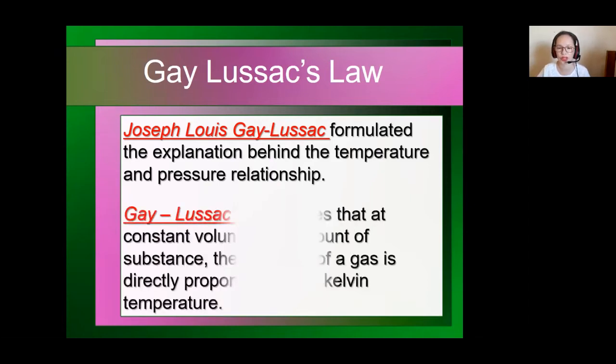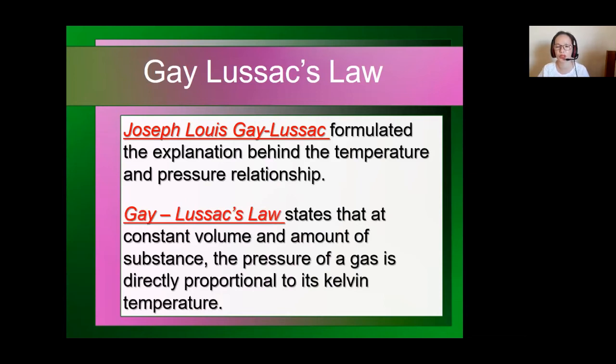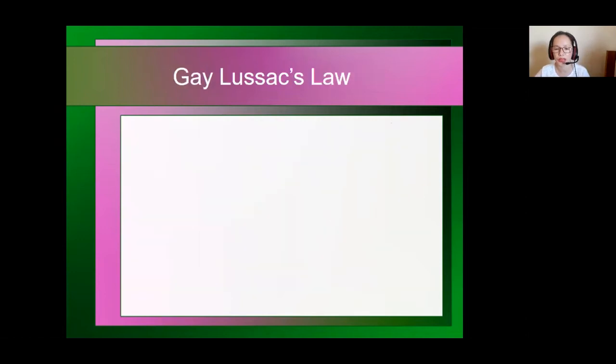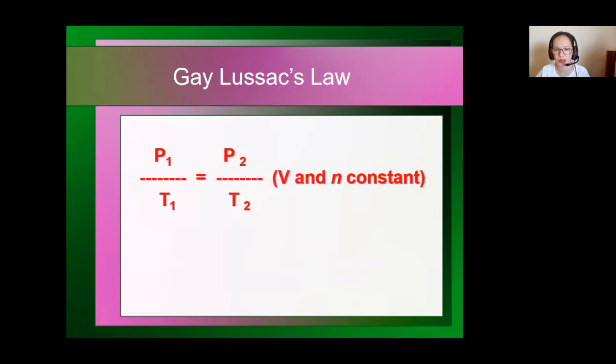Okay, very good. They are directly proportional. As the temperature increases, pressure also increases. Mathematically, we can represent Gay-Lussac's law as initial pressure over initial temperature equals final pressure over final temperature. Here, the volume of the gas is kept constant.